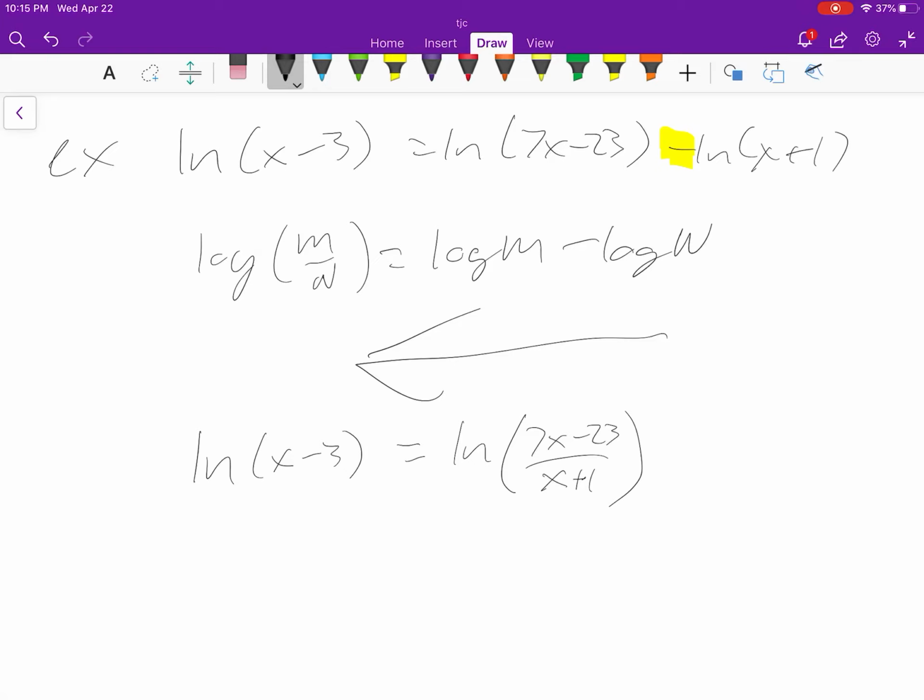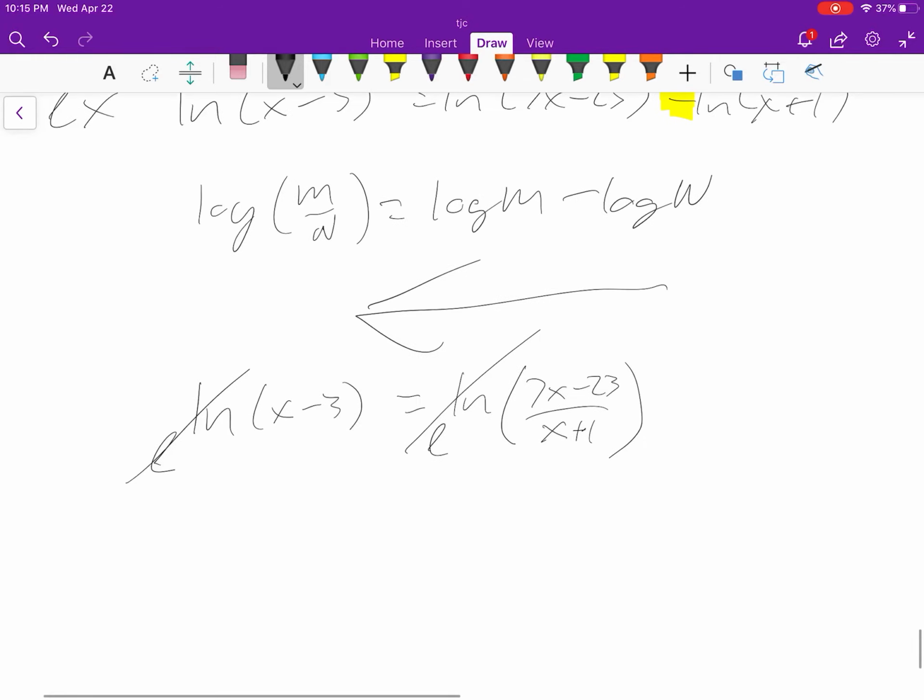Okay, have that. Each side has one natural log in this case. We could cancel them. Okay, here they cancel. You end up with x minus 3 equals 7x minus 23 over x plus 1.